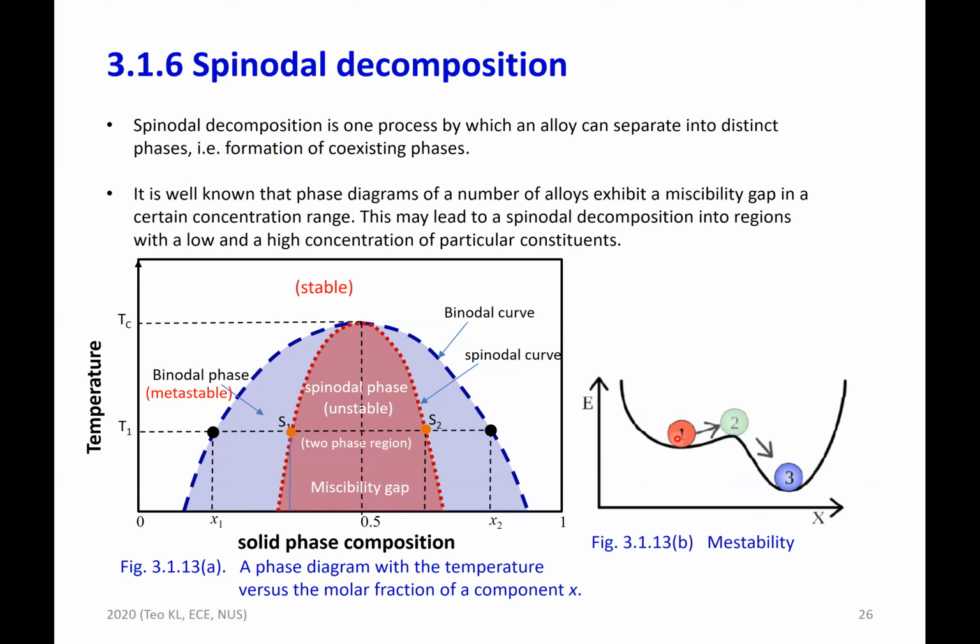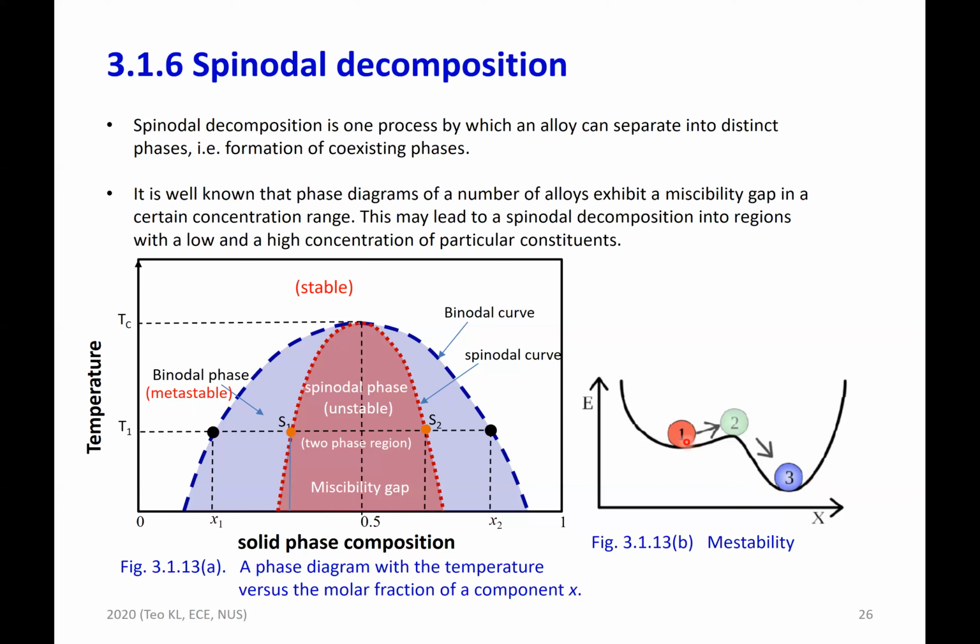But if you subject the system to some heating, there's a possibility that you overcome this barrier and the atoms will come to this center point, or the minimum point. And this is thermodynamically stable for the atom to occur at this point.